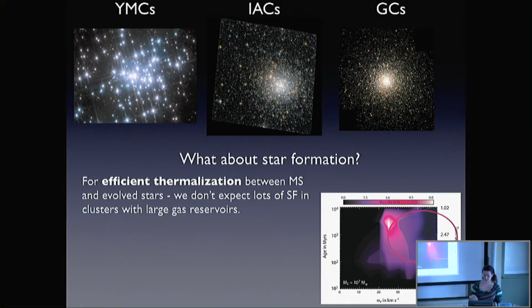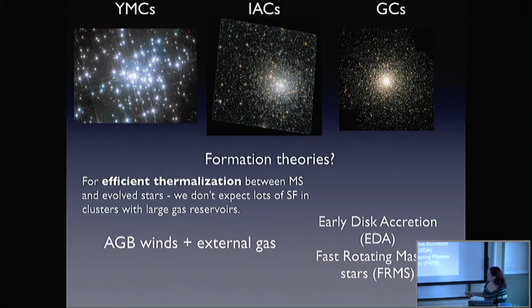What about star formation? For efficient thermalization between main sequence and evolved stars, we don't expect a lot of star formation. So that's good. And what does this say about the formation theory? Again, one was the retention of AGB winds, so stellar winds, and the other one was accretion during formation from a background of material ejected by massive stars.